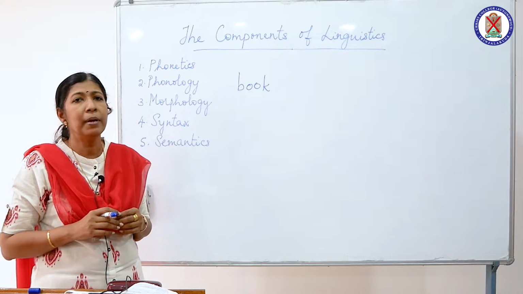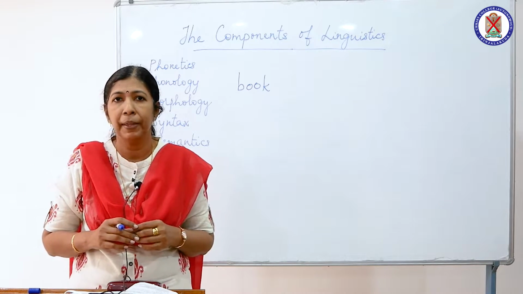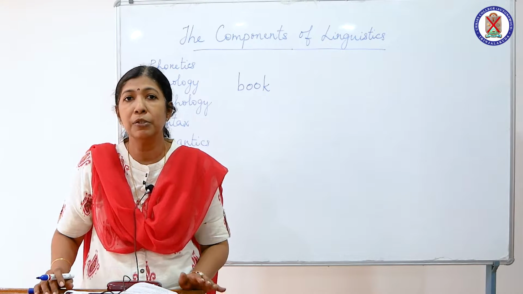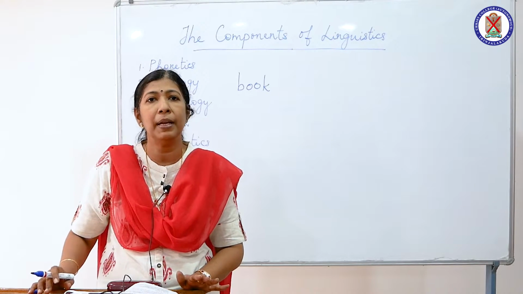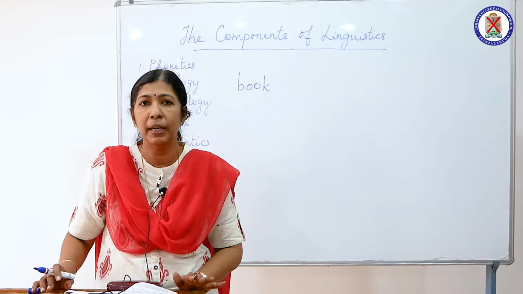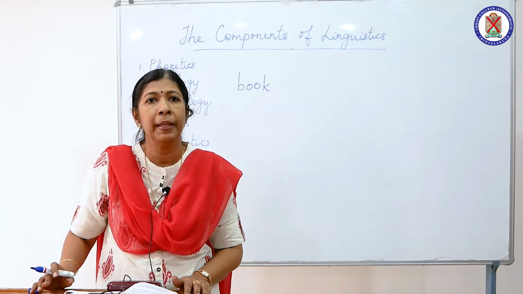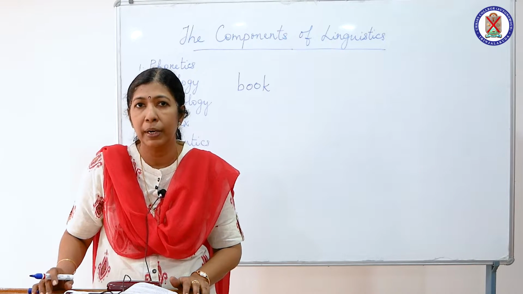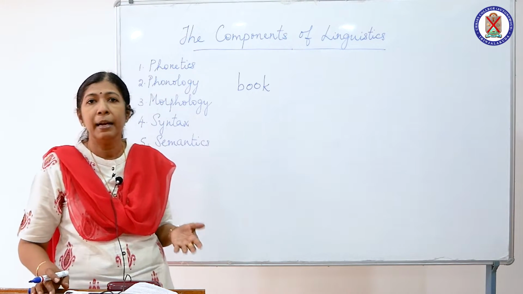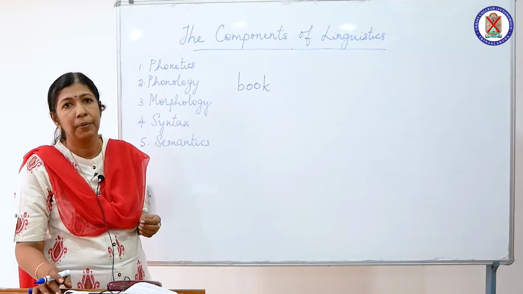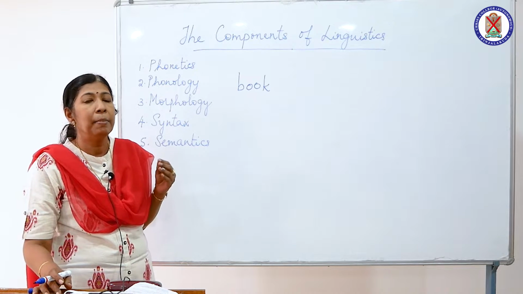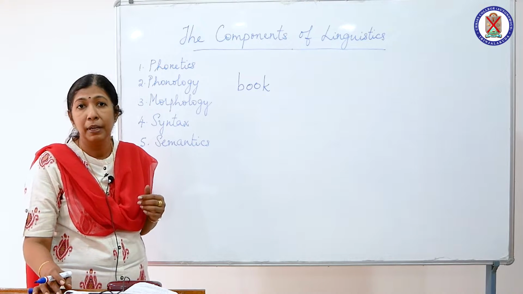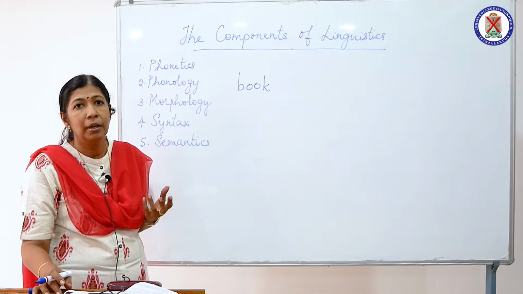There are numerous words in English where this problem exists. That is, there is no correspondence between the number of letters in the written form of the word, and the number of sounds in the spoken form of the word. At the same time, there are plenty of words in English where the number of letters in the written form of the word and the number of sounds are the same.